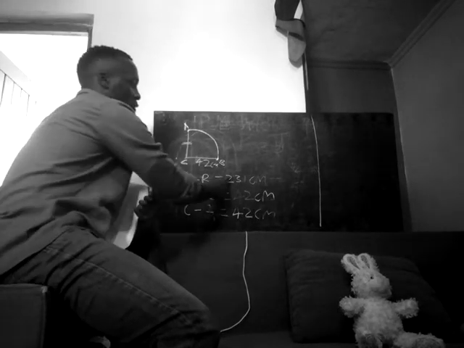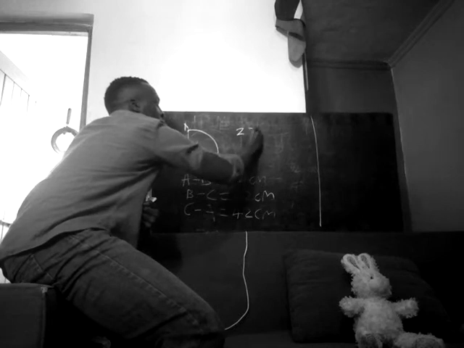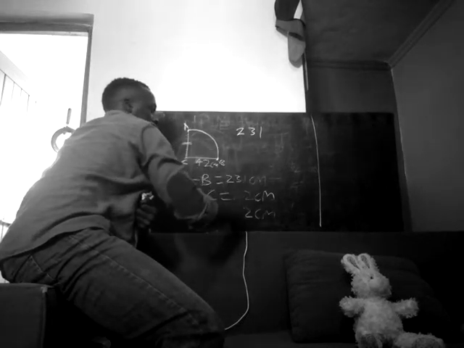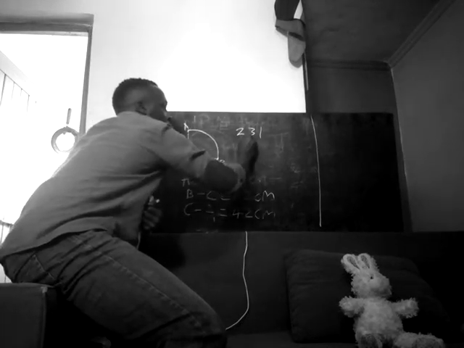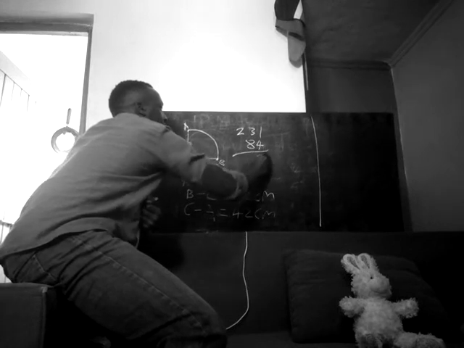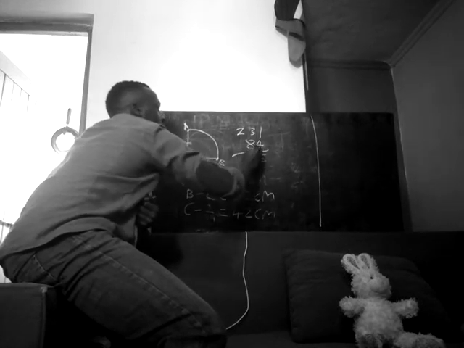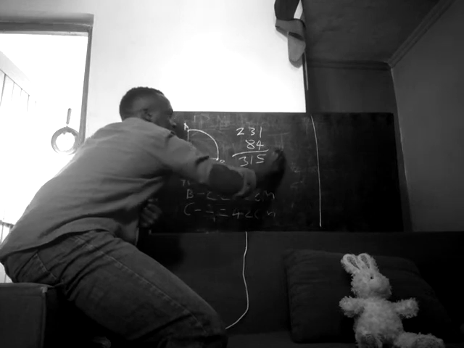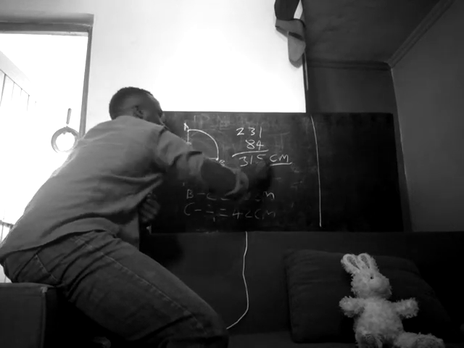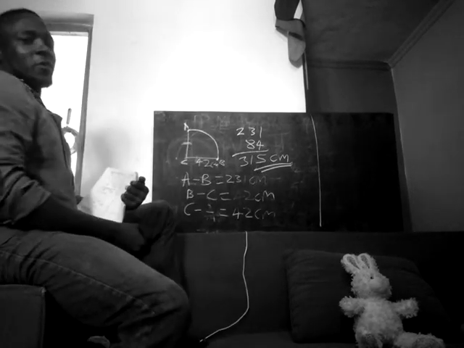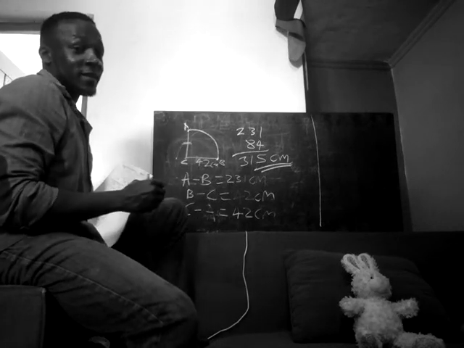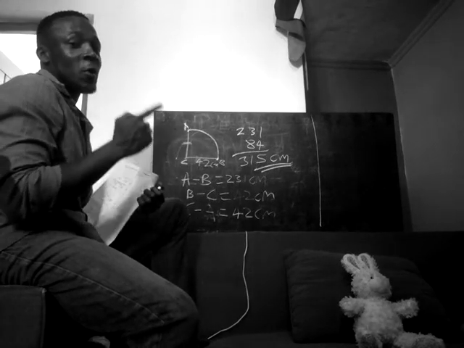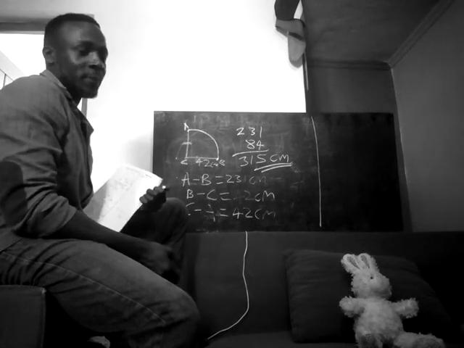So that is like saying 231 plus 84, which is 315 centimeters. So that is the perimeter of our figure, okay? Because I said perimeter is the distance all around a given figure.